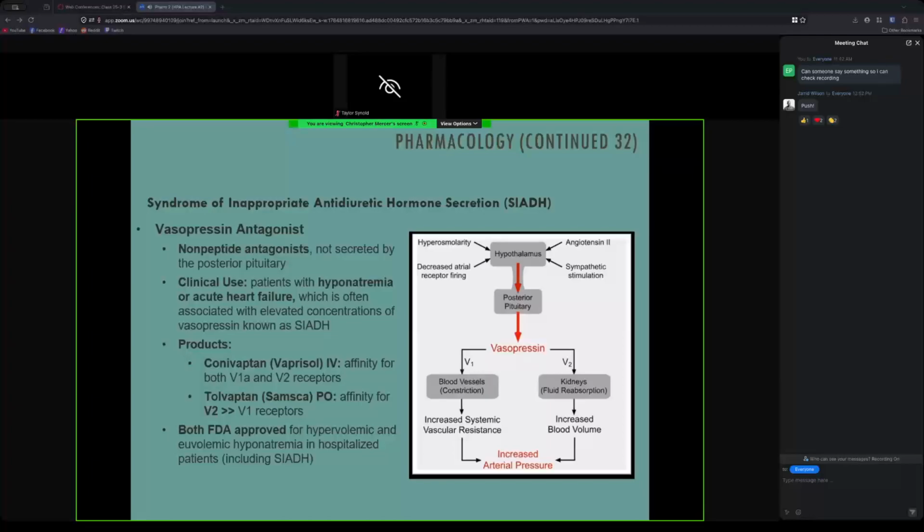And just remember the selectivity of the two vasopressin antagonists, the conivaptan being IV and affinity at both the V1a and V2 receptors of vasopressin, and the Samsca or the tolvaptan is an oral medication, and its affinity for V2 receptors is greater than V1 vasopressin receptors, much like desmopressin.